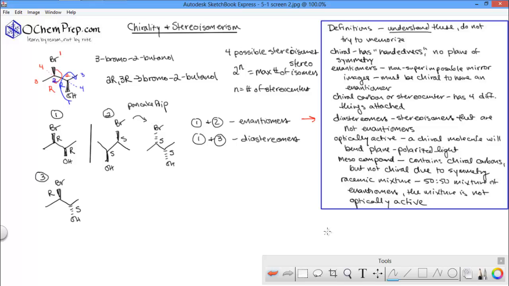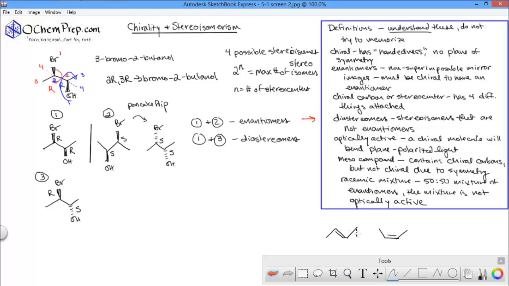In fact, I misspoke on the last podcast. Diastereomers do not have to have chiral carbons because of the kinds of stereoisomers we've already looked at, the cis and trans isomers of the cycloalkanes and the cis and trans isomers of the alkenes, like trans-2-butene versus cis-2-butene.